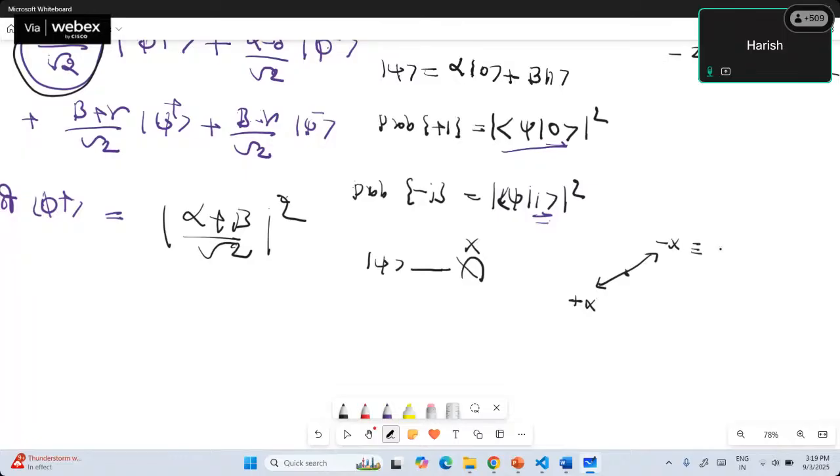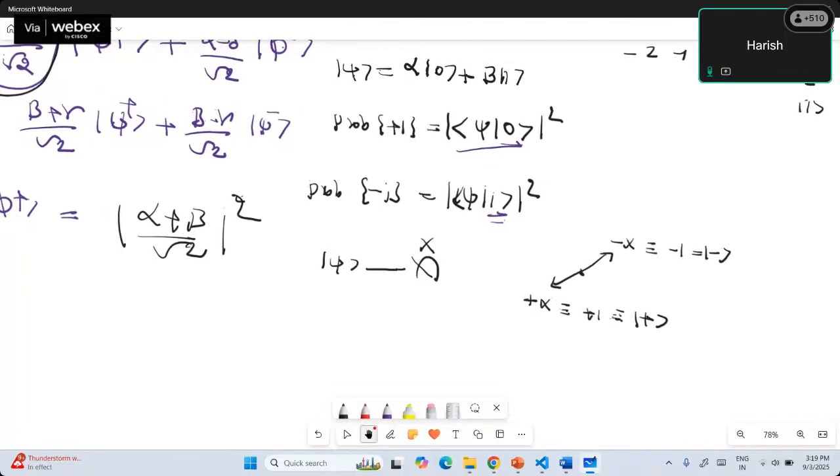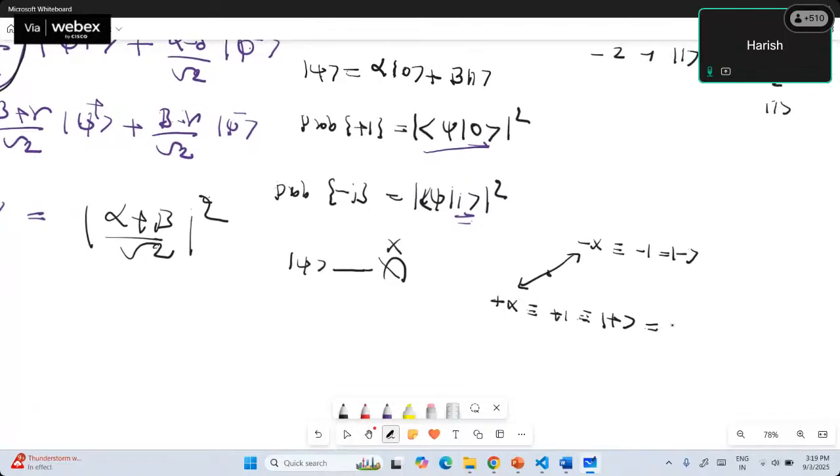Minus X is nothing but minus 1, we call it, and it is the minus state, and plus X is nothing but plus 1, we call it, and it is basically the state plus. The plus is nothing but 0 plus 1 by root 2. Minus is nothing but 0 minus 1 by root 2.